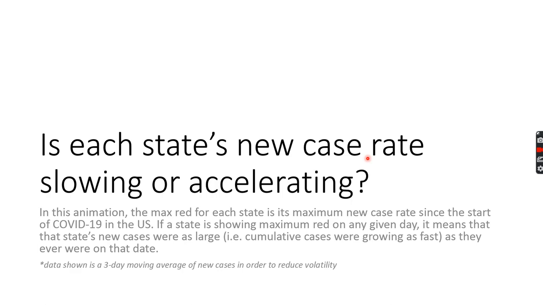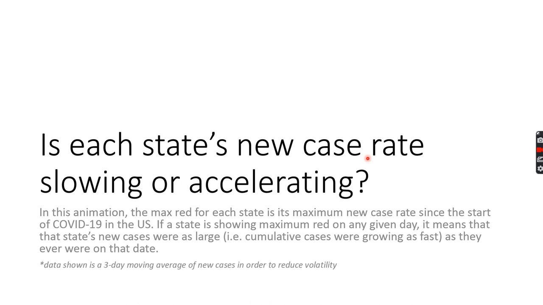All right. Speaking of accelerating, is each state's new case rate slowing or accelerating? In this animation, each slide will be a new date, so this is going to be daily. It's going to go really fast, so I don't take up too much time. I want to point out whether a state's growth rate is accelerating or decelerating.